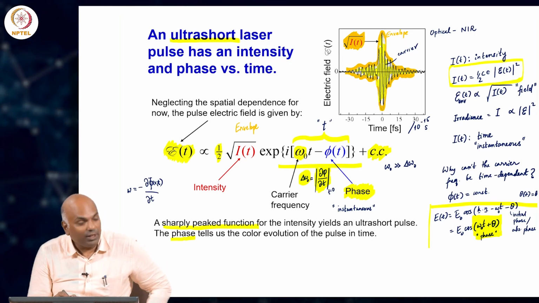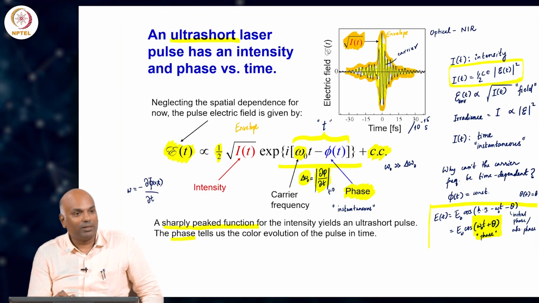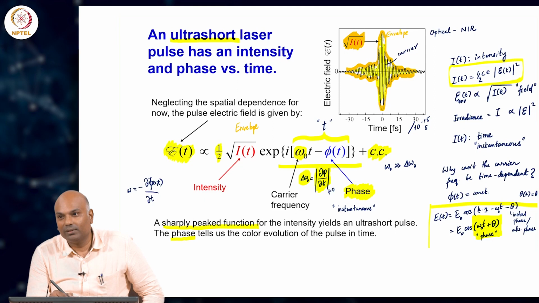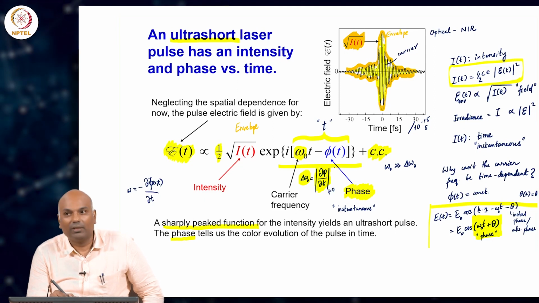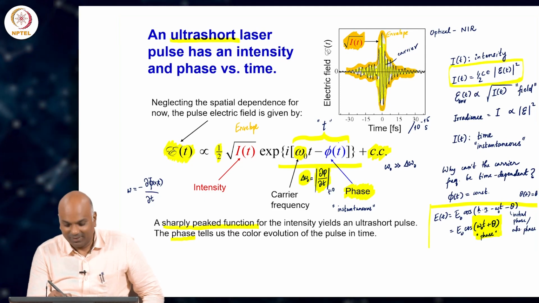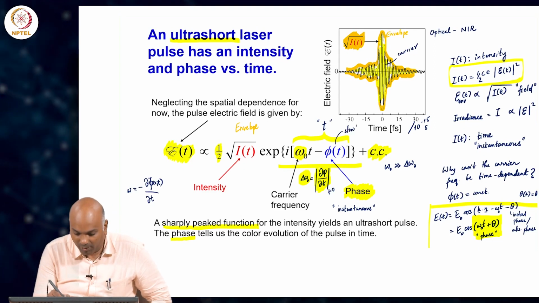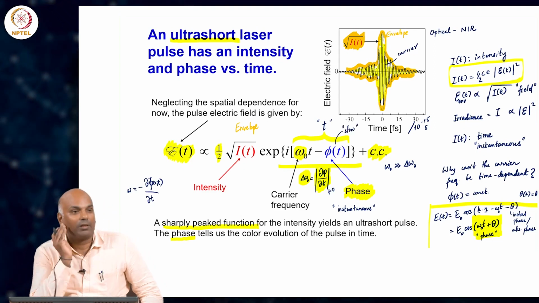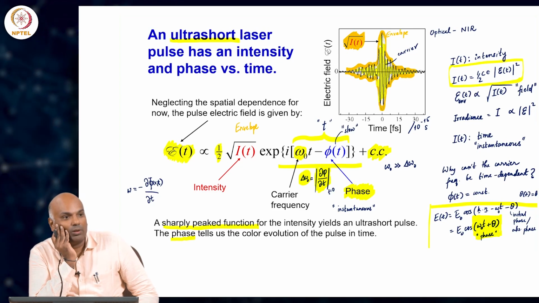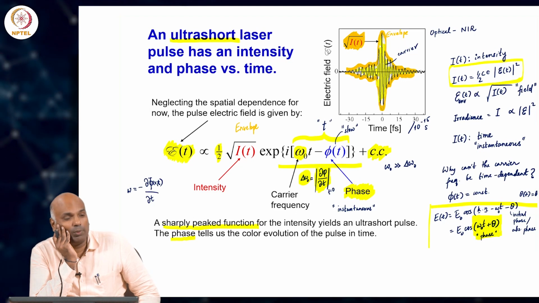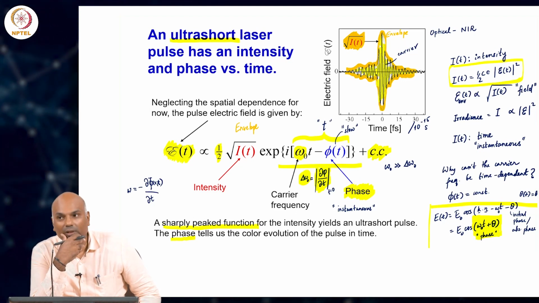So, the variation of phi of t in time is, I am looking for an adjective. Pardon? No, here it is ultra slow compared to omega naught. 1 over omega naught or 2 pi over omega naught corresponds to a certain period in time.